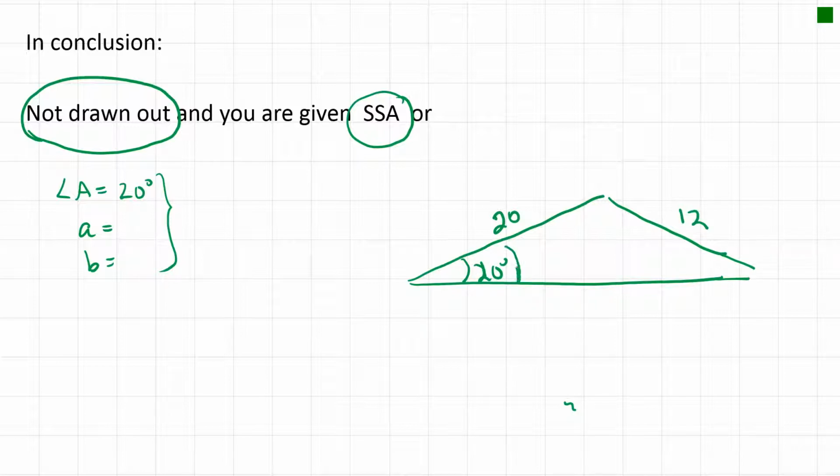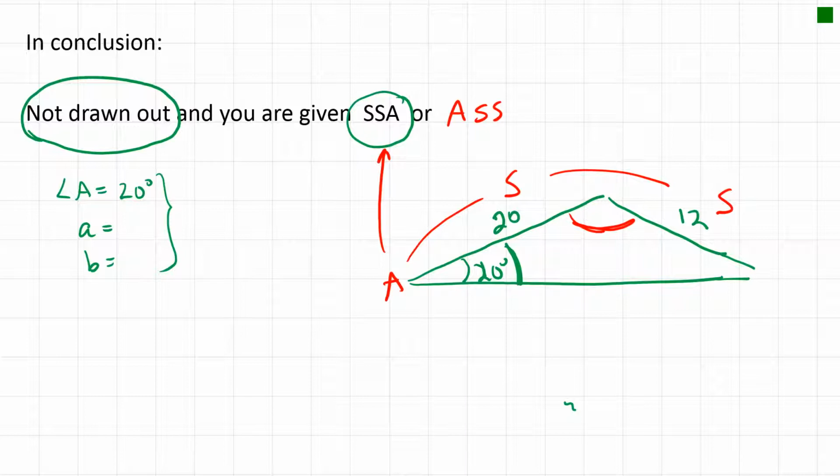So this angle here is not in between the two sides we know. So that's side, side, angle. So you can see that the reverse spells something mathematicians try to avoid, so we say SSA. Anyway, those are the conditions under which the sine law might be ambiguous.